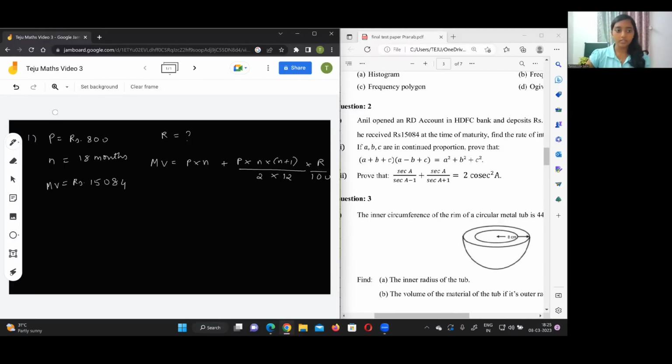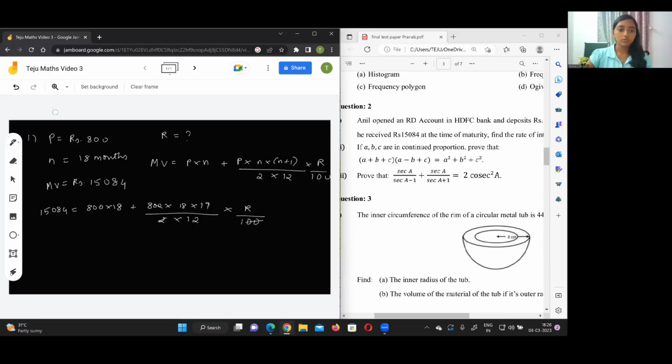Let us now apply it in the question. 15,084 is equal to 800 into 18 plus 800 into 18 into 19 by 2 into 12 into R by 100. So let us cut off these 2 zeros here, these 2 zeros here.